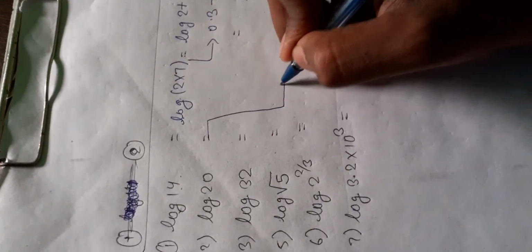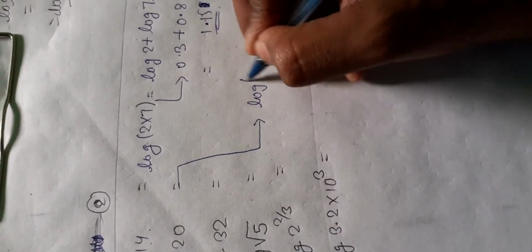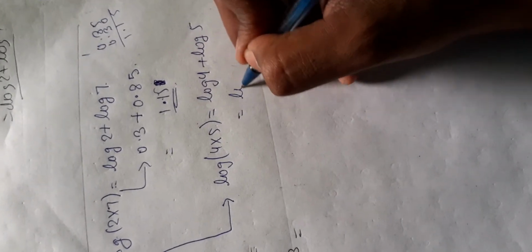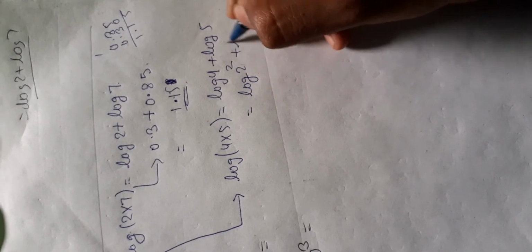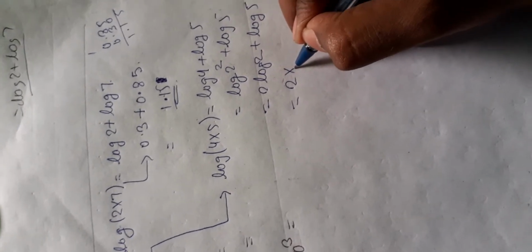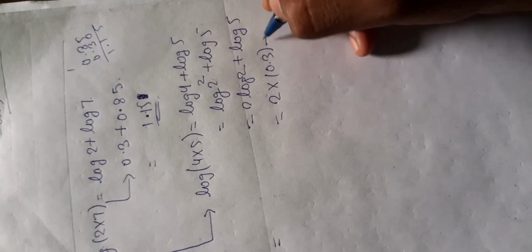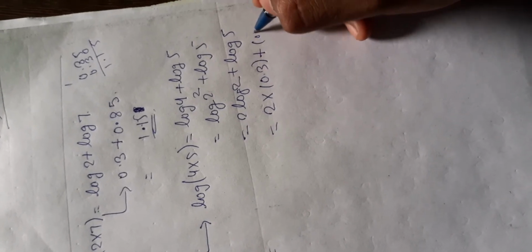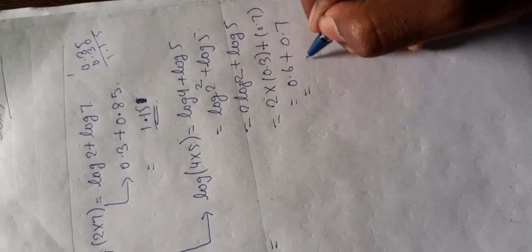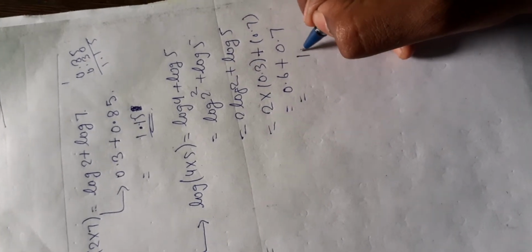So we will calculate log 20 again. Log of 4 into 5, log 4 plus log 5, 2 log 2 plus log 5, 2 into 0.3 plus 0.7, 0.6 plus 0.7, 1.3.